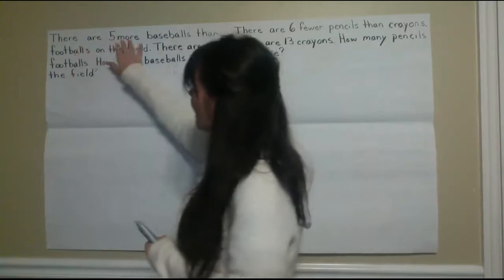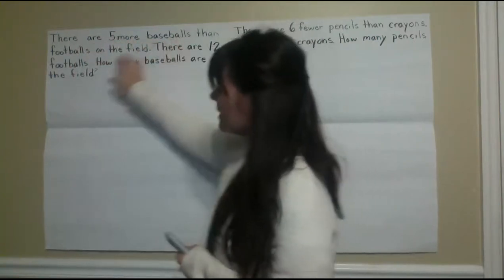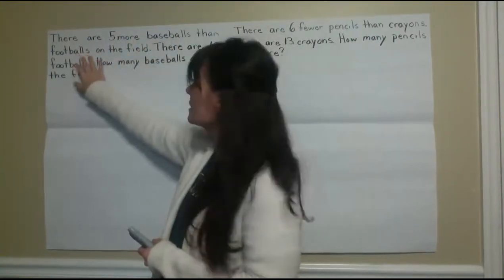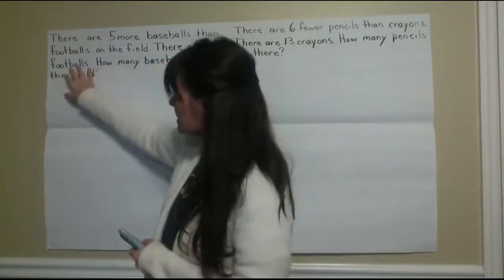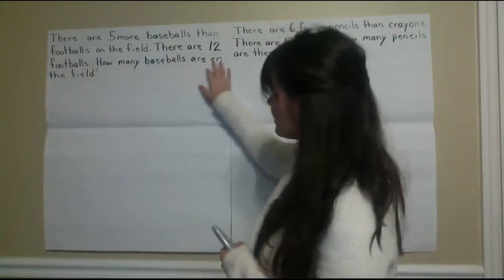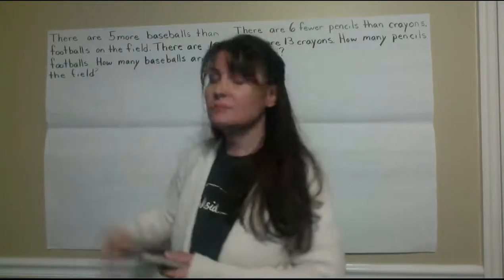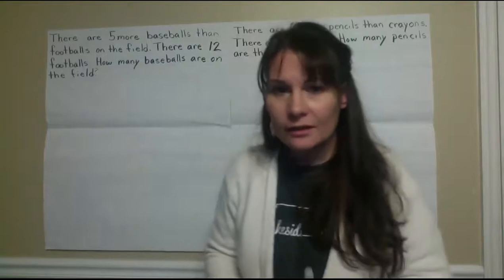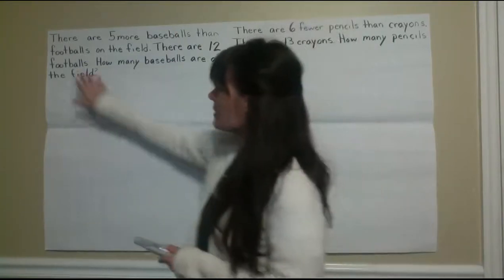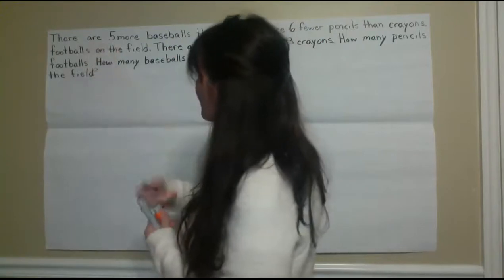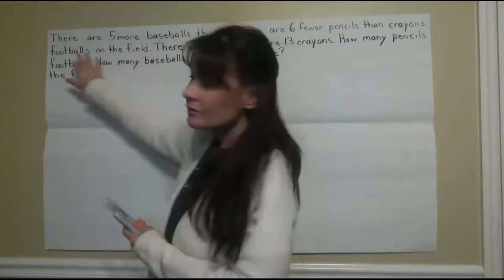There are 5 more baseballs than footballs. There are 12 footballs. How many baseballs are on the field? So this one's a little tricky. Let's go back through and think about what it's asking. There are 5 more baseballs than footballs.